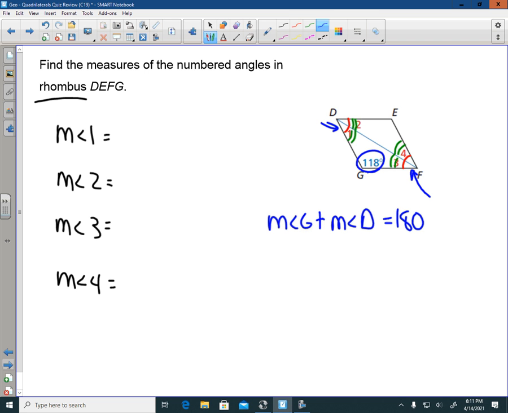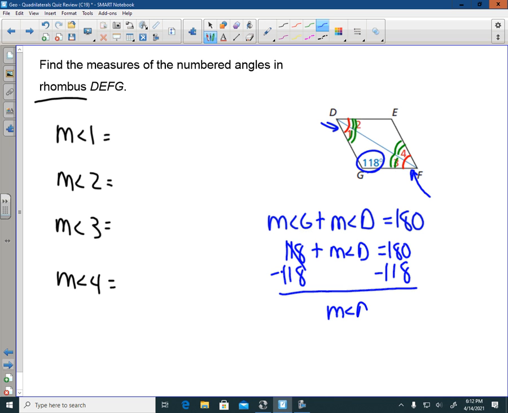So if we take the measure of angle G, 118, and add to that the measure of angle D, we're going to get 180. So let's subtract 118 from both sides. And we get that the measure of angle D is 180 minus 118, which is 62. So now we know that all of angle D is 62 degrees.